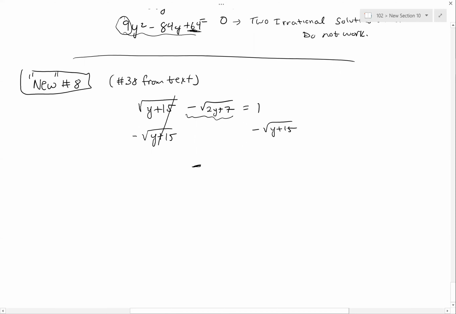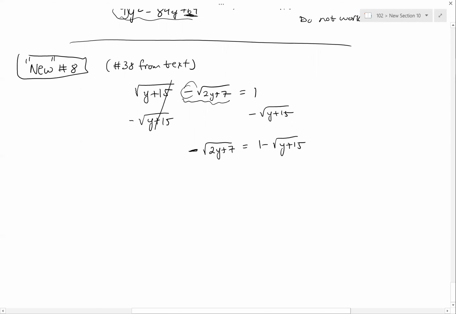Leave me with, don't forget that minus sign that's out front there. It may have been easier to just add that radical to both sides. That's really up to you what you choose to do. Try it that way if you prefer. So I'll end up here.